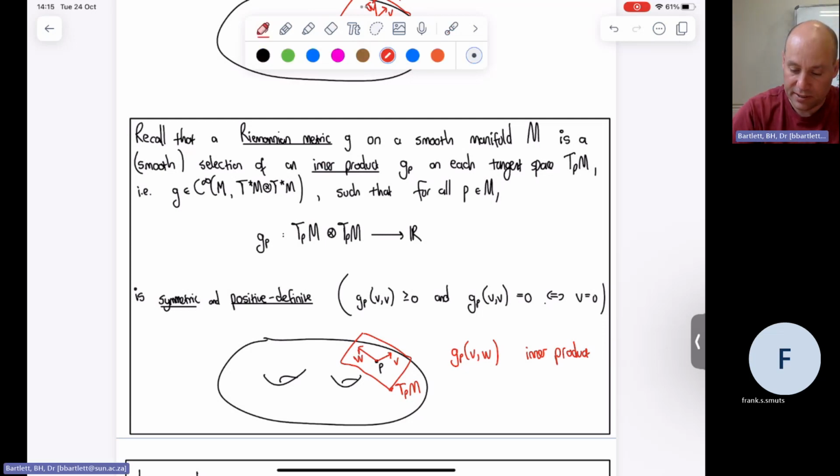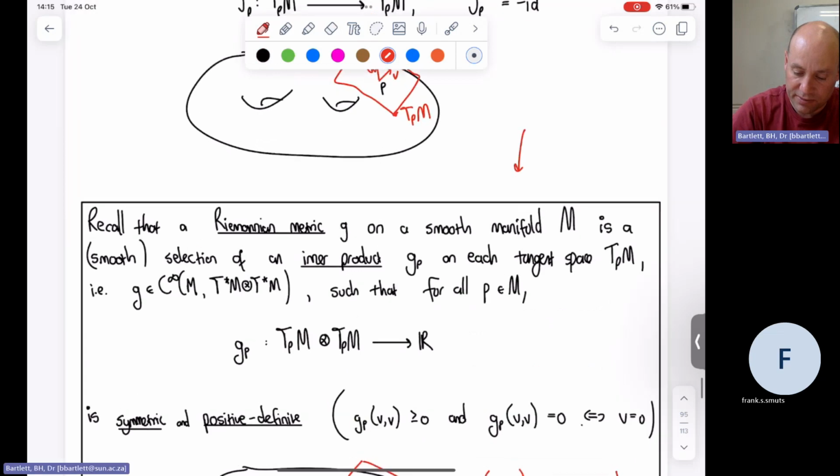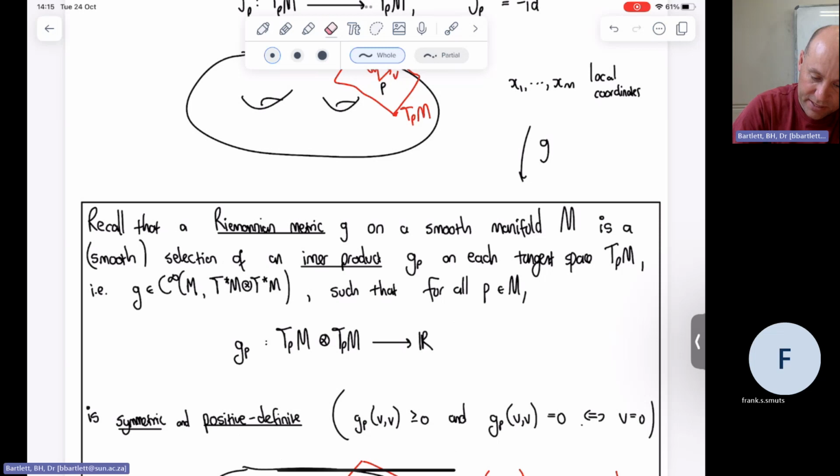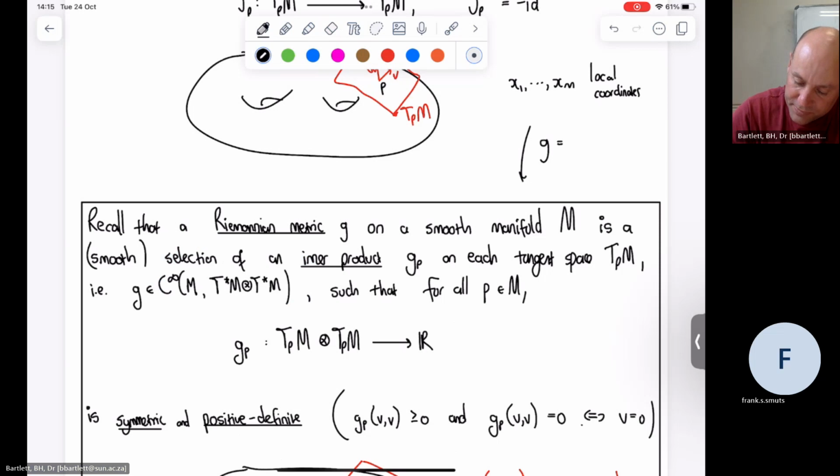Because locally, if x1 up to xm is a local coordinates, then anything like this, right? Anything that's living over here can be locally written like, will be a linear combination of these guys, right?